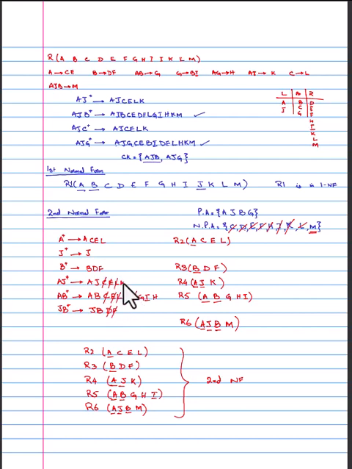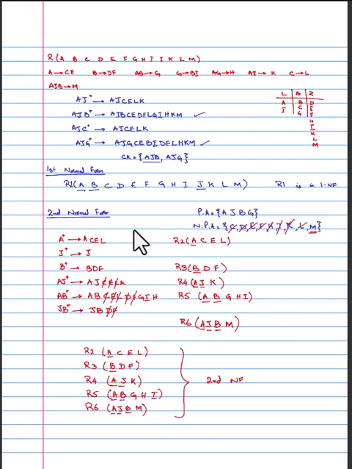F is also covered here. B is already identified, so we don't need to write it here. GHI is not covered here, so we are left with it. Similarly, we repeat this process for the rest. Now one relation will be R2.